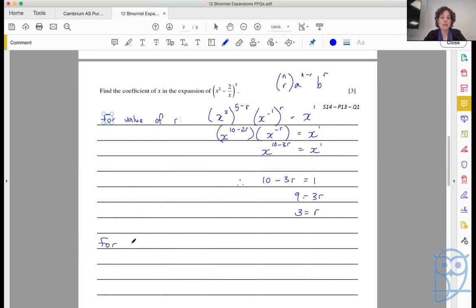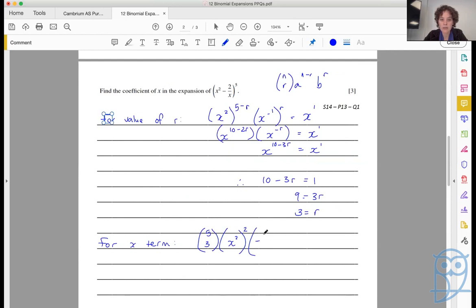So we're not going to go straight to the coefficient. You can if you're happy to do that. We're going to go first to the term and then state the coefficient. So for the x term: nCr, well, n is 5, r is 3. A position, x squared to the 5 minus 3, which is 2.